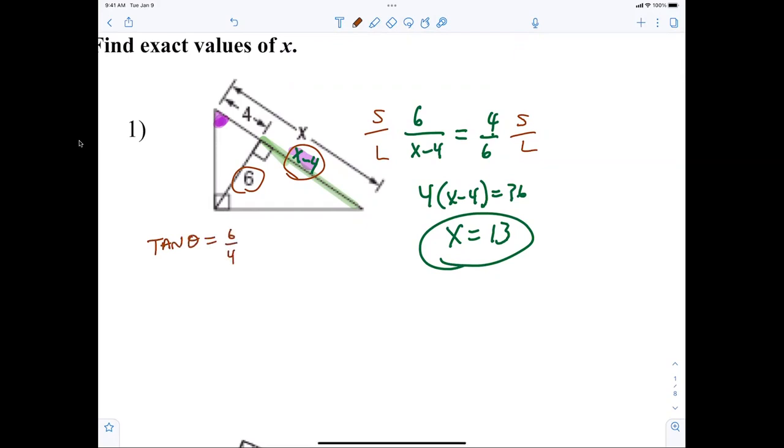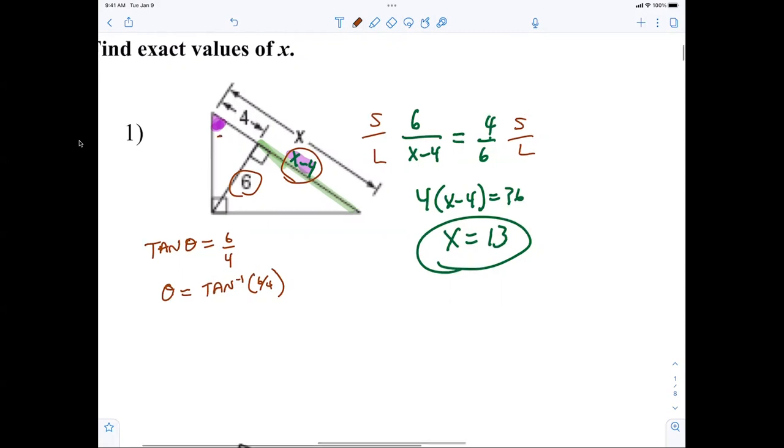Yeah. So now if we do inverse tangent, come on, do it with me. Theta would be inverse tangent of 6/4. Yeah, and then people found this to be 56.309.